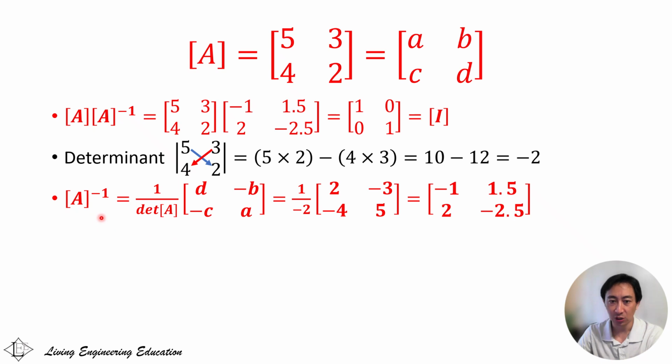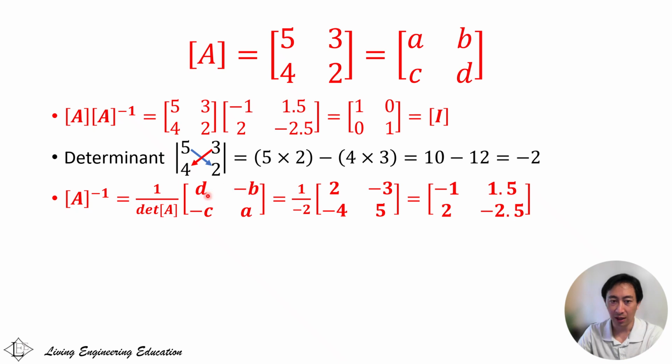So the generic definition is shown here. If my matrix is defined as A, B, C, D, the inverse of this matrix is 1 over the determinant, 1 over -2, that's what I have here, times the original matrix rearranged in this very specific way, right?